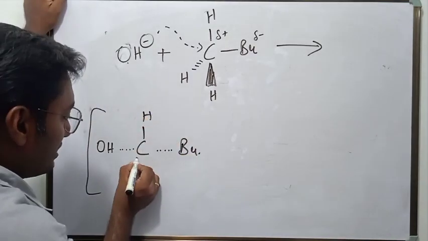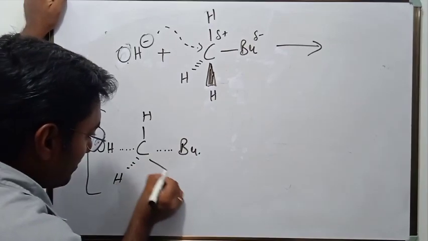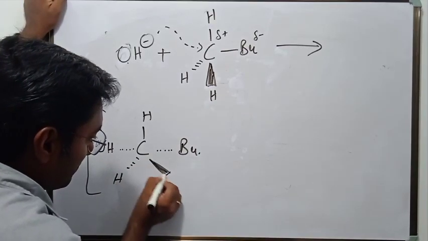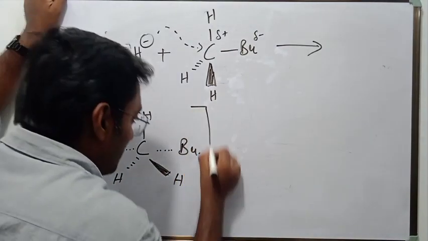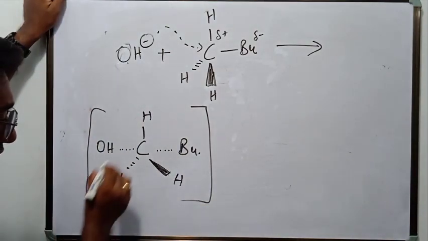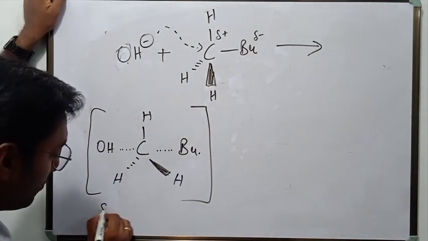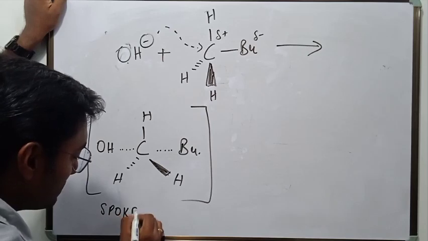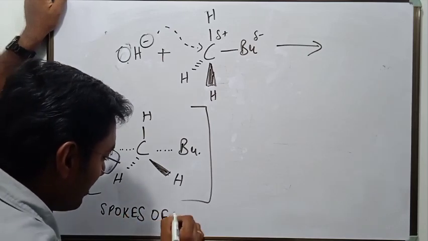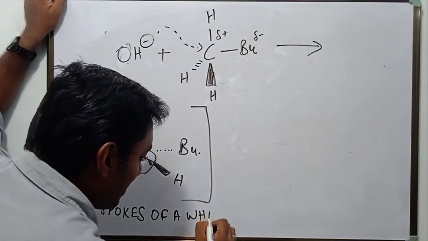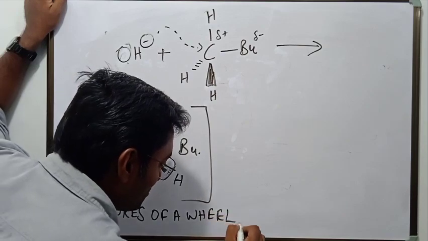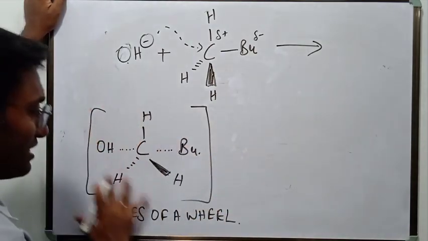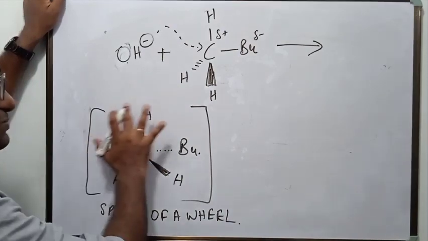So this transition state would result. This is the transition state that looks like the spokes of a wheel. We have seen a bicycle wheel, how the spokes are arranged. The atoms are arranged in the same manner, like the spokes of a wheel.